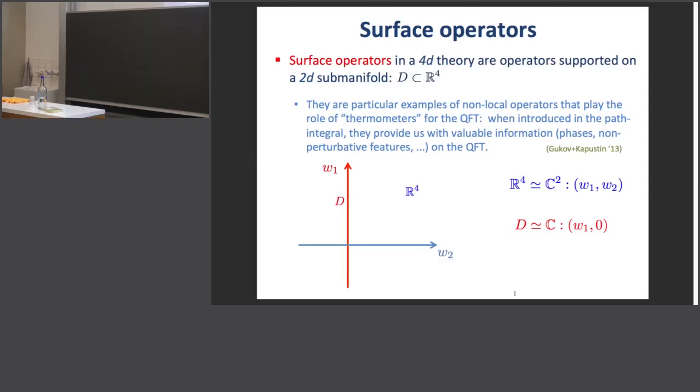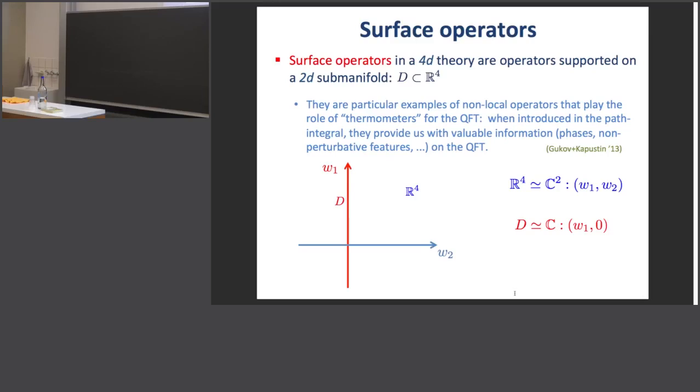So as I was saying, surface operators in a four-dimensional theory are extended objects supported on a two-dimensional submanifold. For simplicity, I take the four-dimensional space-time to be flat space-time, R4, and the two-dimensional submanifold where the surface operator is extended to be simply a plane R2 inside R4.